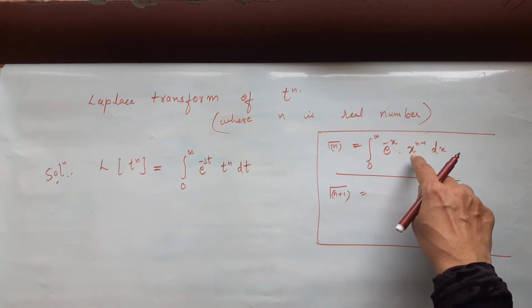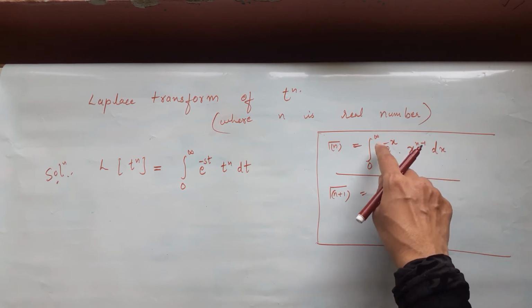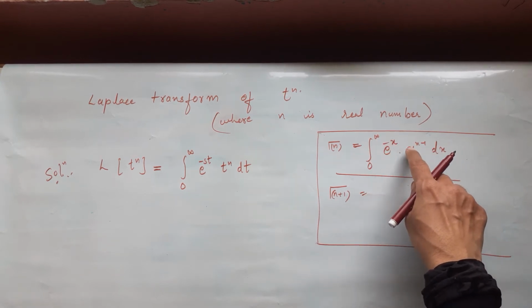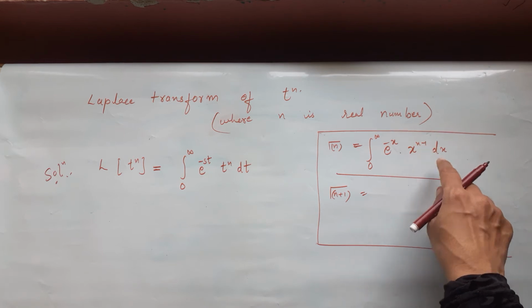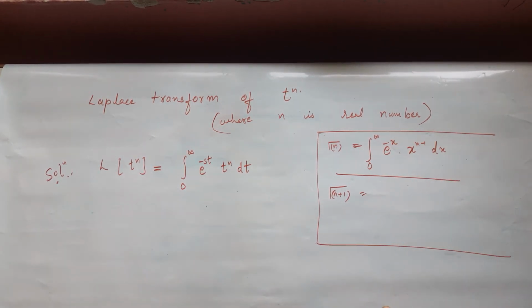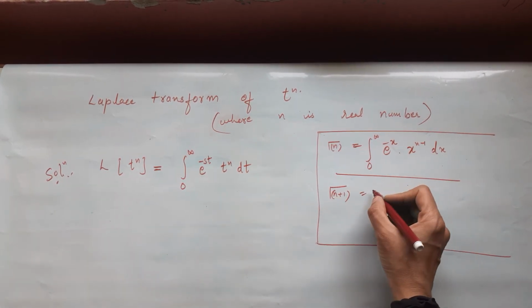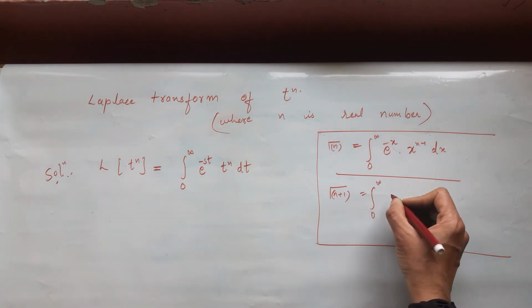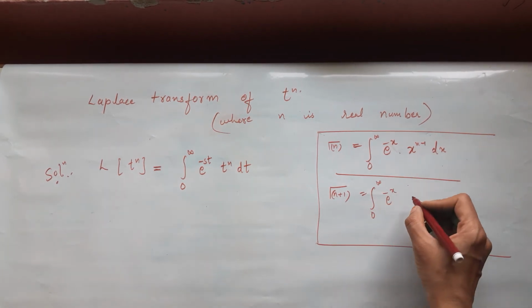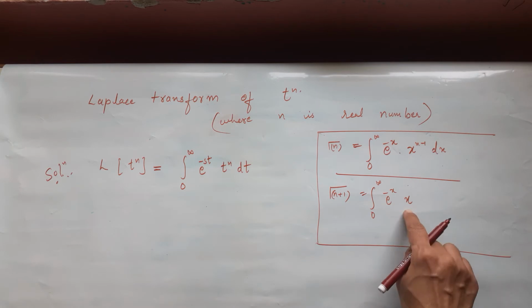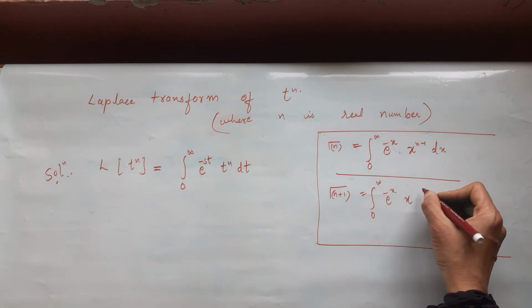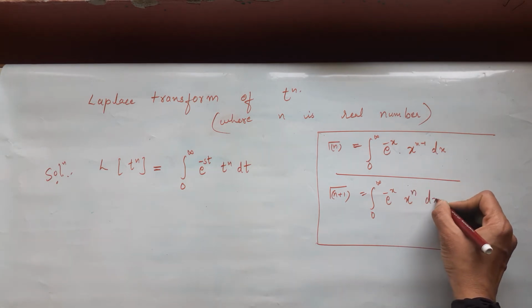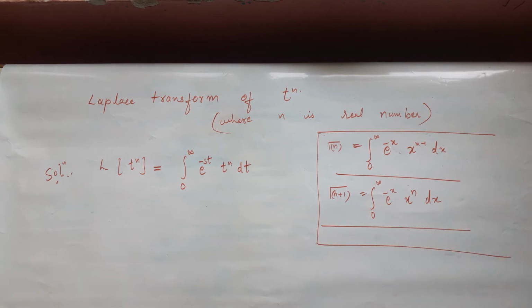So in place of n, we now write n plus 1: integration 0 to infinity e to the power minus x as it is, and in place of n minus 1, x to the power n plus 1 minus 1, which becomes x to the power n dx. These two things I want you all to remember.